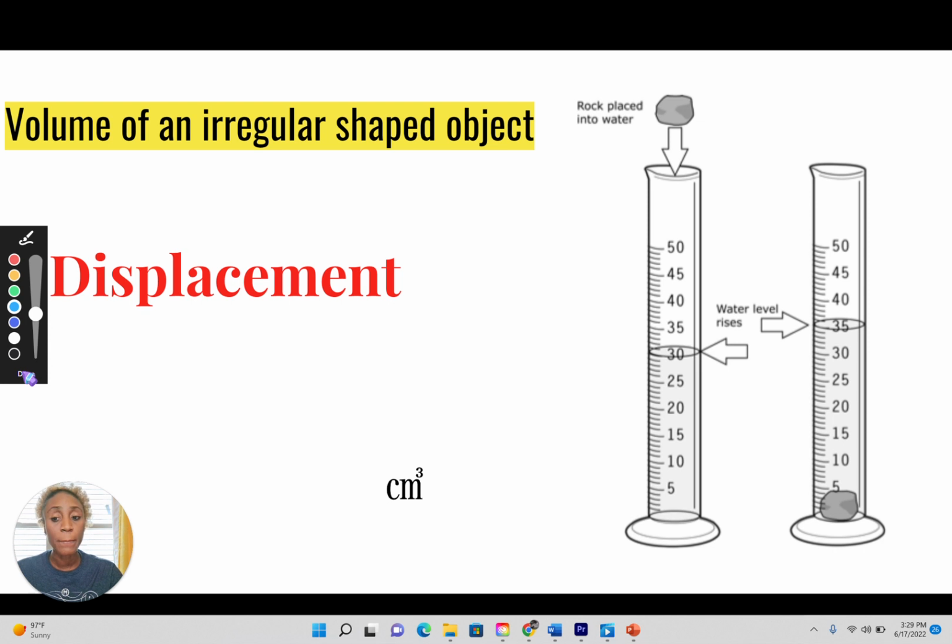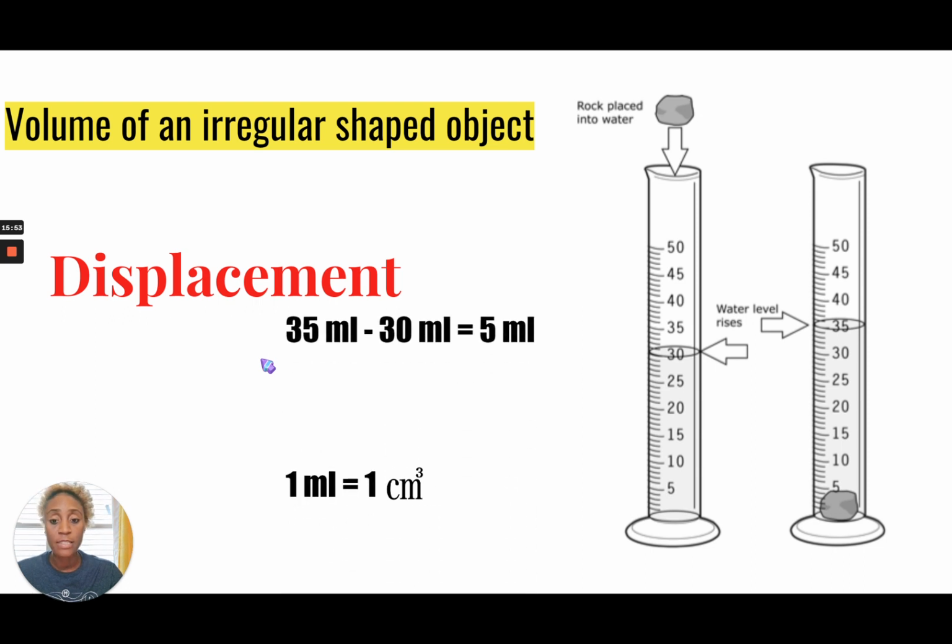So what will happen here is the students in the lab, or the scientists, will have to calculate. And it's simple. Just subtract the 30, which is the first measurement, from the 35, which is the second measurement. So basically, you're going to subtract the smaller one from the bigger one.